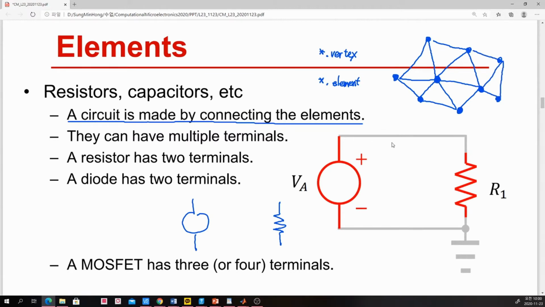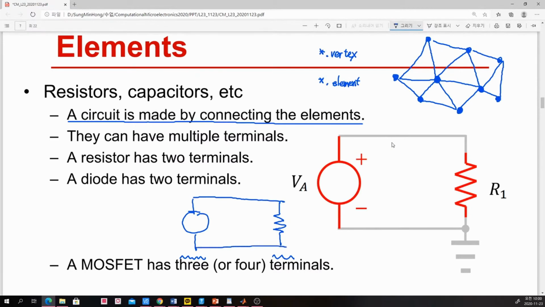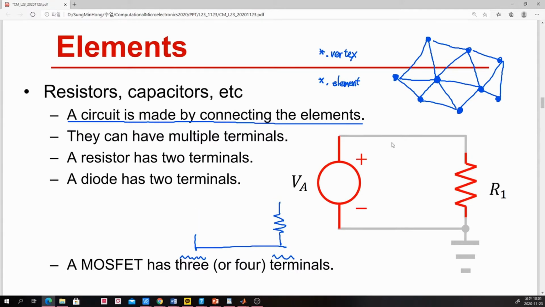So quite similarly, you have elements here, and they should be connected to construct our circuit. Then that will be the connection between elements. So understanding an element is quite simple. Now you can easily understand this concept.